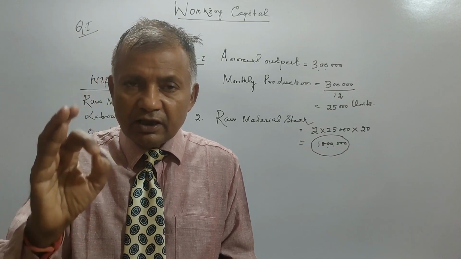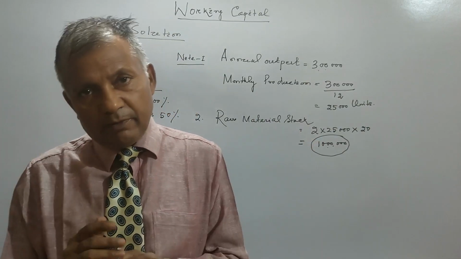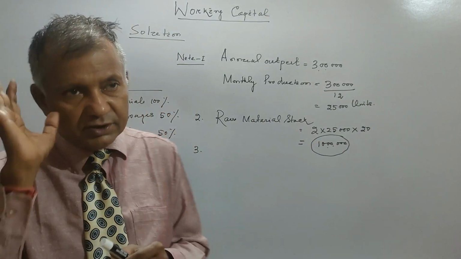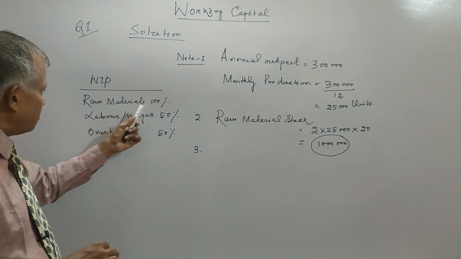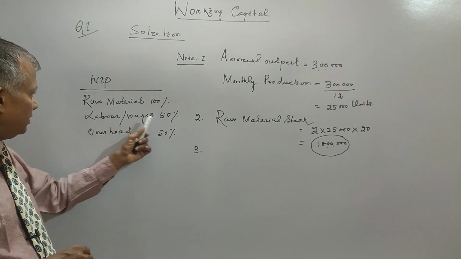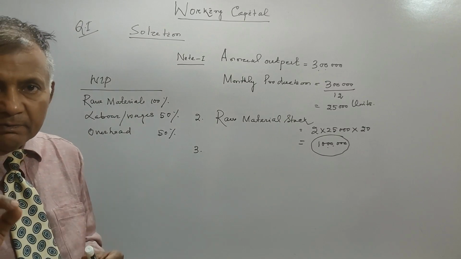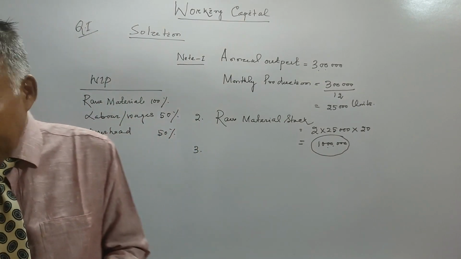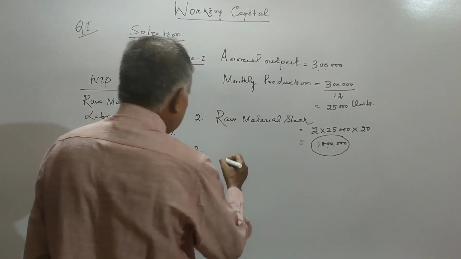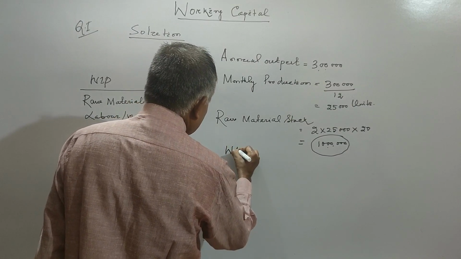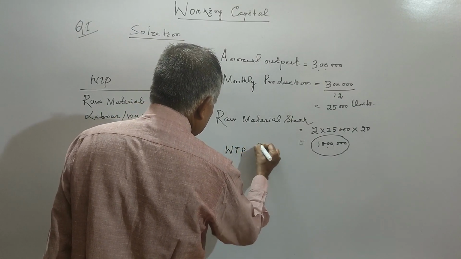So if nothing is given in the problem, then please note it down: raw material 100%, labor wages 50%, and overhead 50%. Based on this, we can do the valuation of work in progress here.